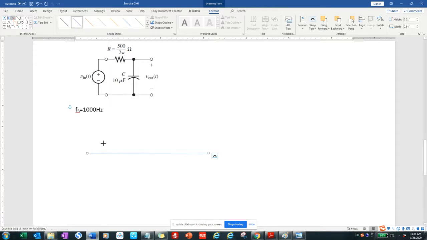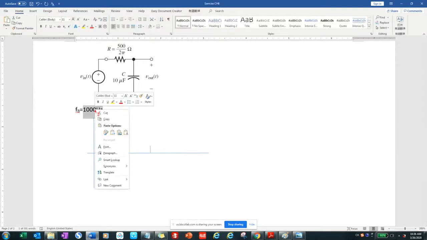Then you can do some practice by yourself so that you will know how to draw the Bode plot. After you figure out the break frequency, you put it in the middle of your range. So let's say this is our range for the frequency. Then we put the break frequency as the middle.